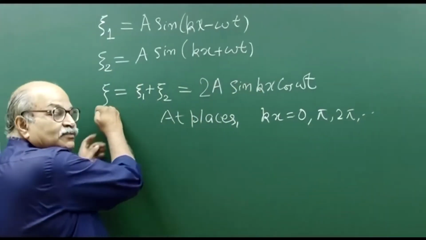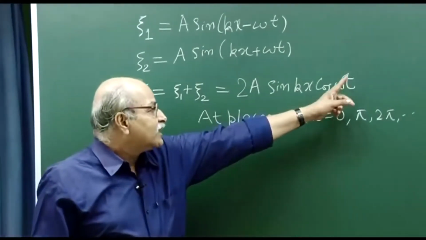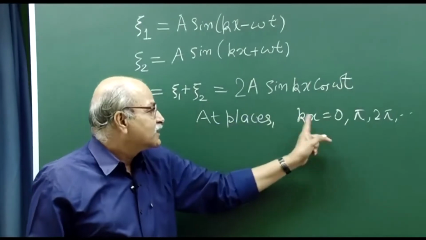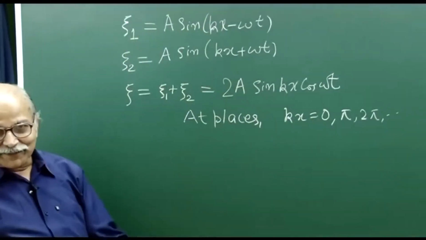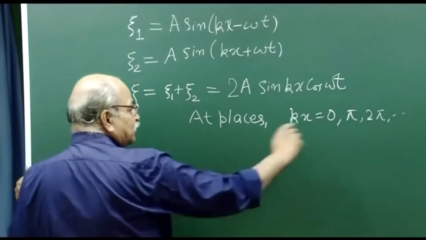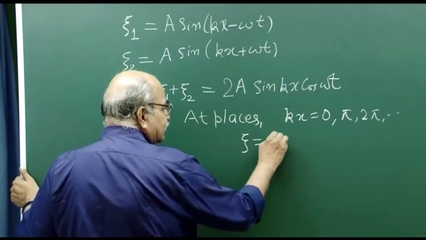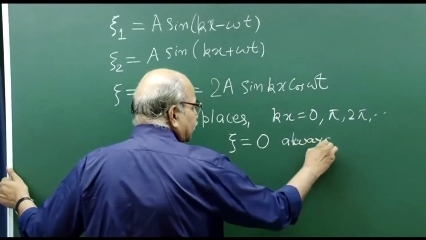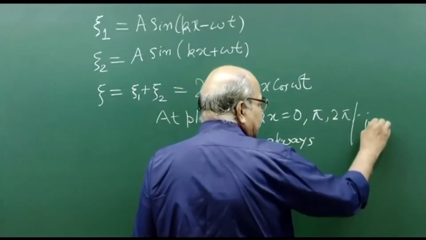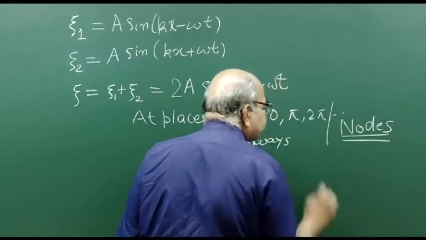This net displacement is always 0 for all time t. So, at these positions your displacement is always 0. These positions are known as nodes.